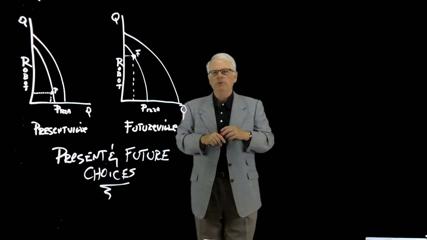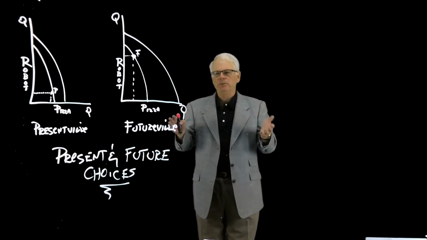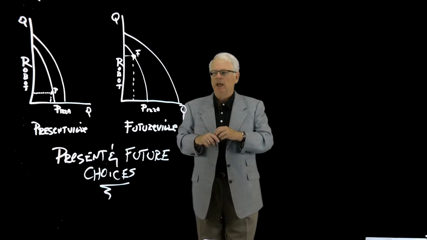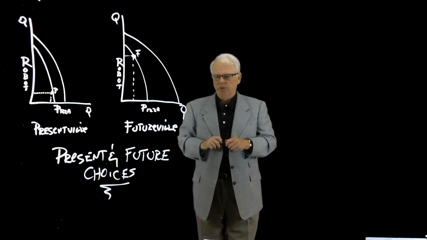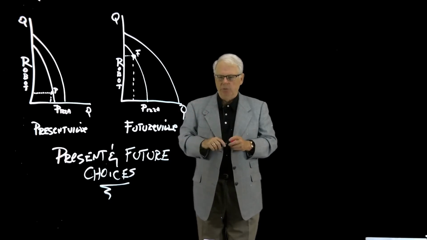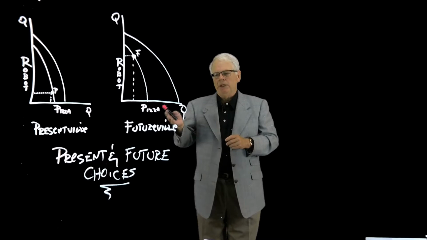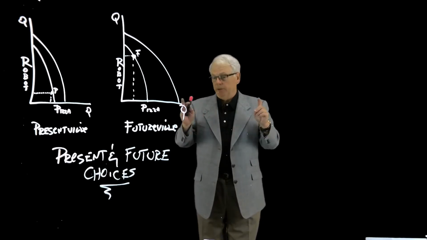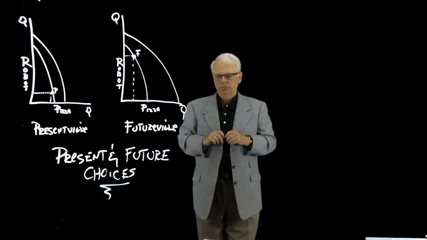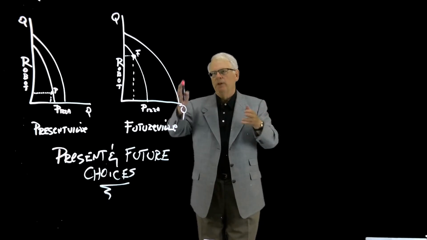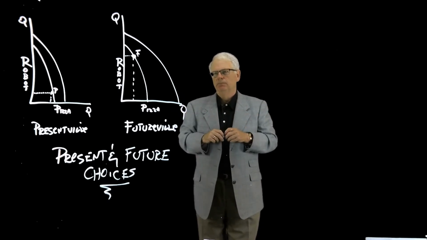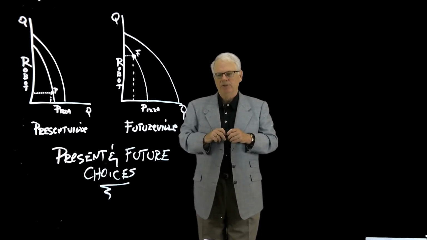I'm going to label those two groups or countries as Presentville, which is shown on the left, and Futureville, which is shown on the right. Each starts in the short term with the same current production possibilities curve.